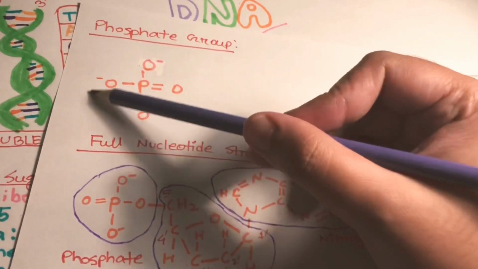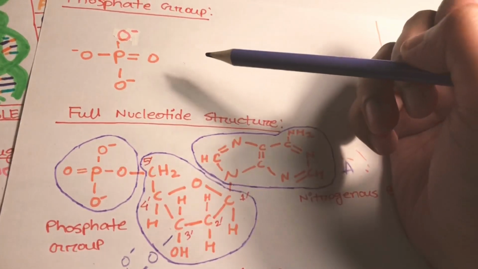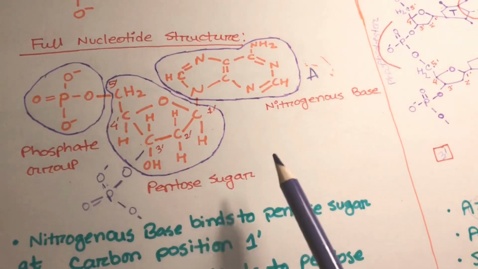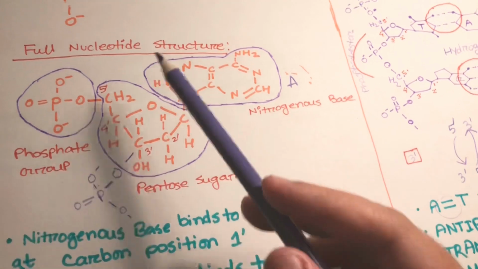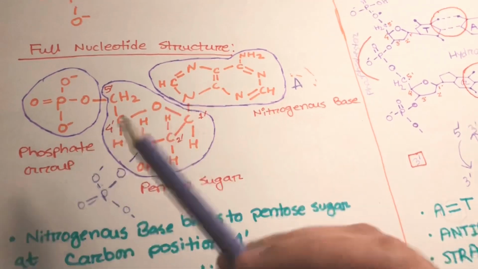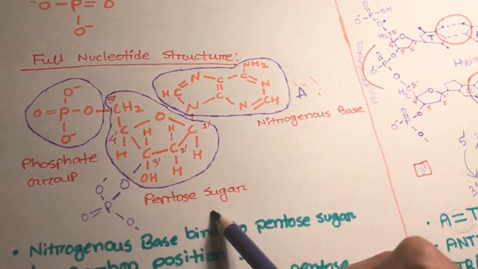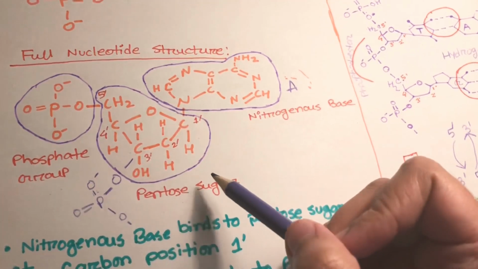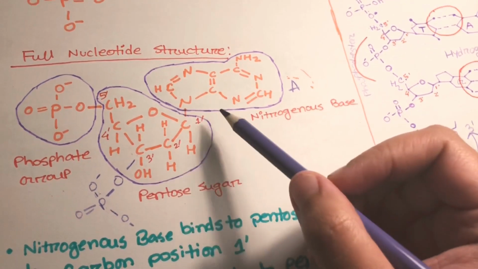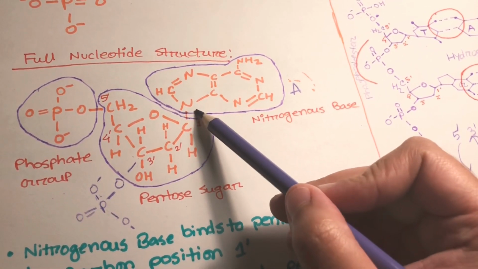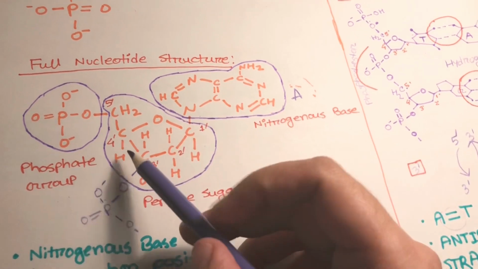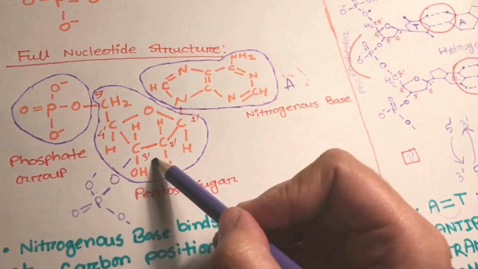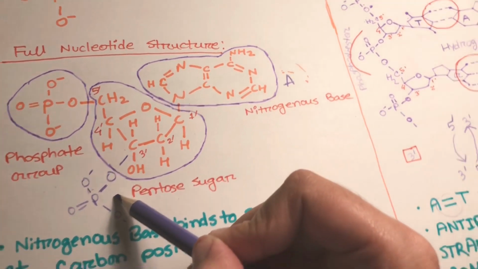Alright, let's look at our phosphate group. This is the phosphate group we have in our DNA. This is one full nucleotide structure, and we can see that in one nucleotide there are 3 things: the phosphate group, the pentose sugar, and the nitrogenous base. In the pentose sugar, the first carbon is joined to the nitrogenous base, the 5th carbon is joined to one phosphate group, and the 3rd carbon is joined to another phosphate group.